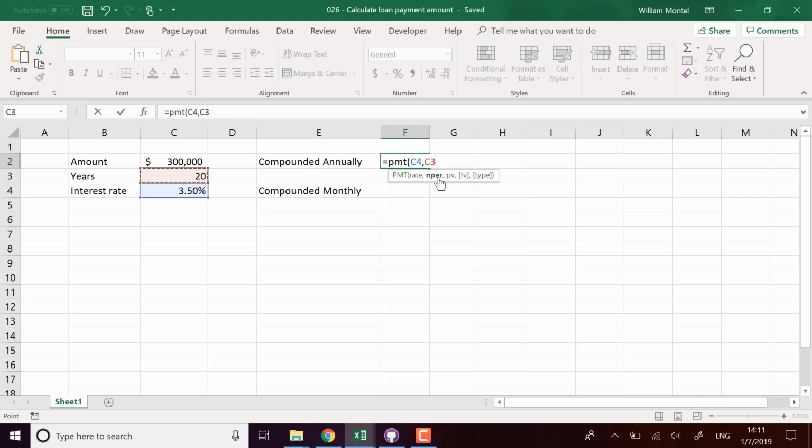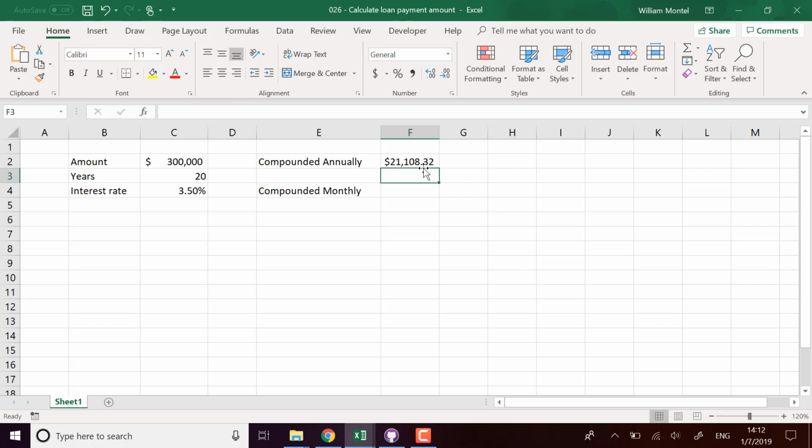So the number of periods is 20, and the present value, PV, is the value at the start, so you have to take minus the amount. That's the amount that you have at the beginning. Since at the beginning you owe 300,000, it's minus 300,000. And so this is going to be the payment per year, and we're going to divide it by 12.